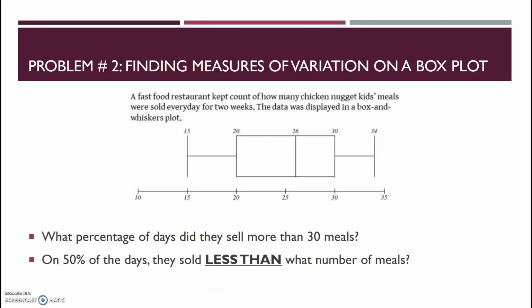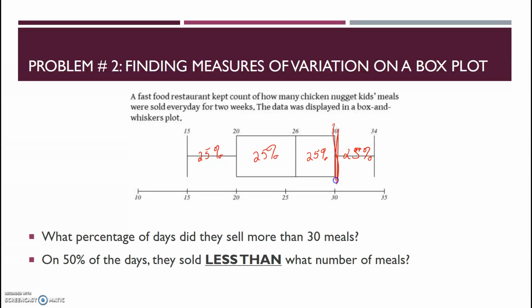Now try this one. Remember, each quartile represents 25% of our data. Pause the video, answer these 2 questions, then press play. We'll check your work. Okay, what percentage of days did they sell more than 30 meals?